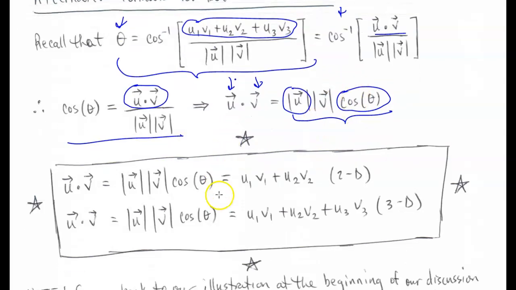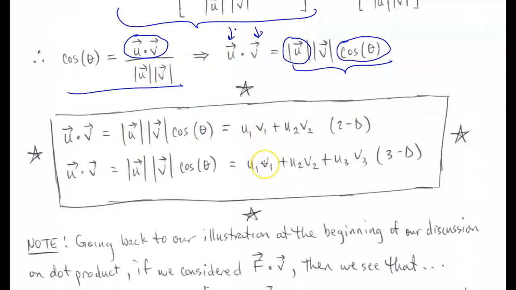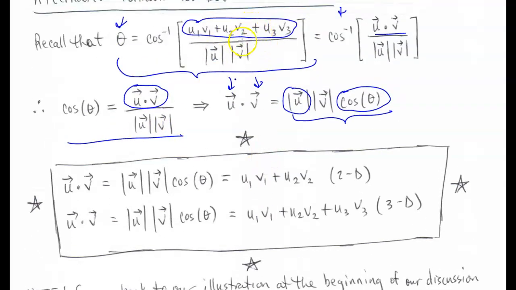Okay. So main point here is that we could express the dot product as the product of the magnitudes of u and v times cosine theta, or we could look at it in other ways. Okay, we can just look at it in terms of its scalar components, which would be like this or like this. Okay, and so we use whichever form is going to be advantageous to us, based upon what information we already have.